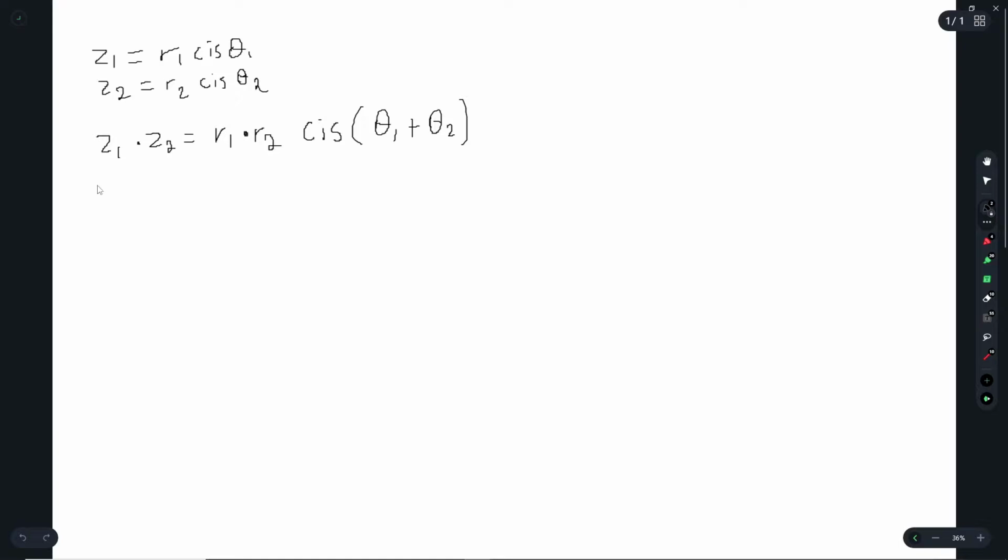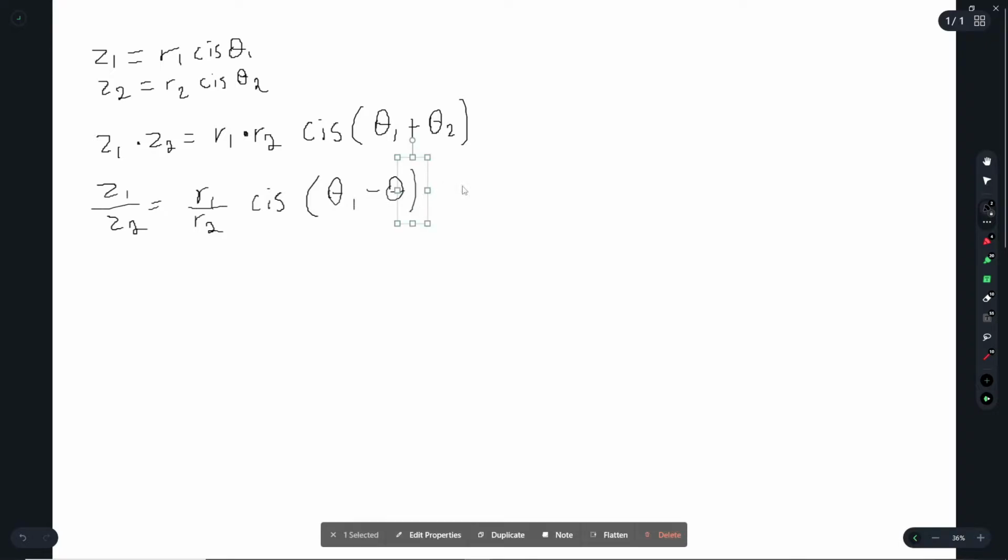And then for the division part, z1 over z2 is equal to r1 divided by r2 cis theta 1 minus theta 2. For the division part, the order matters.